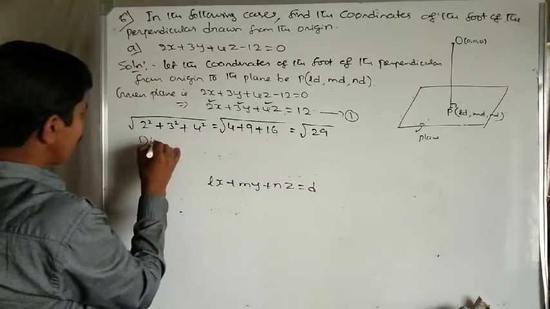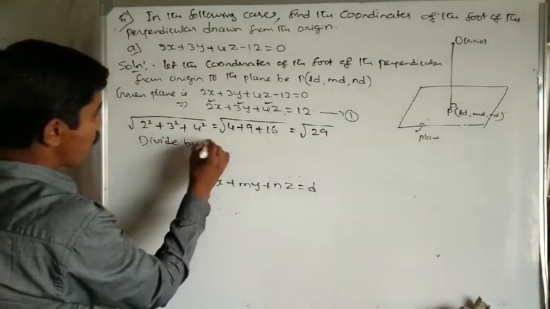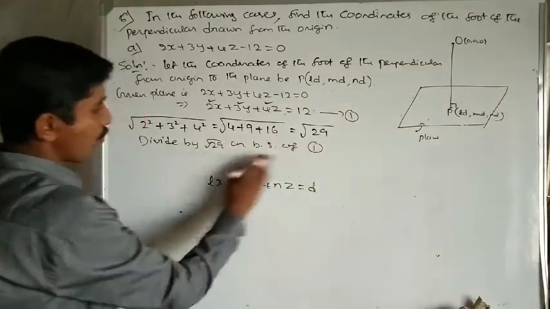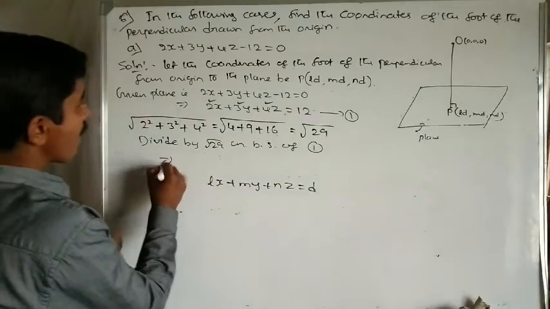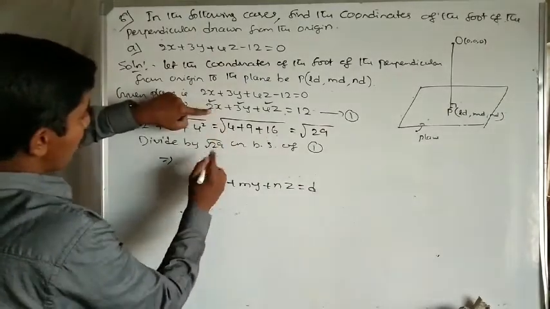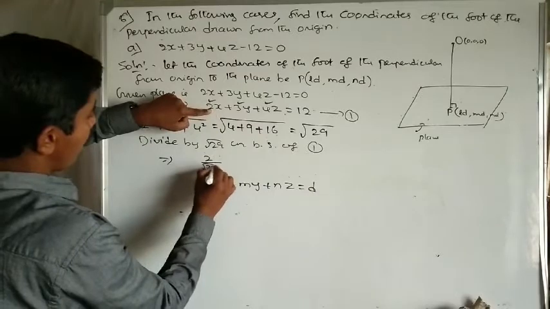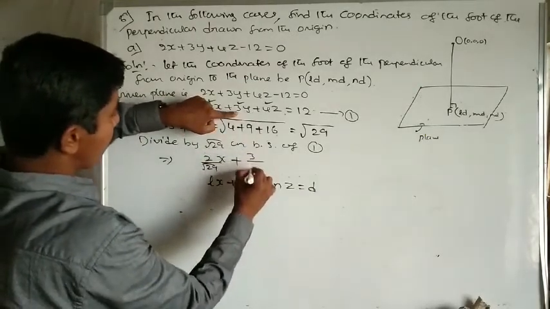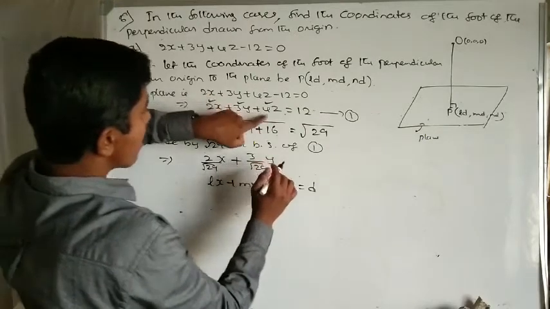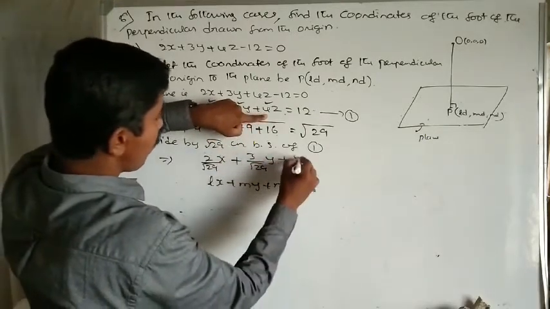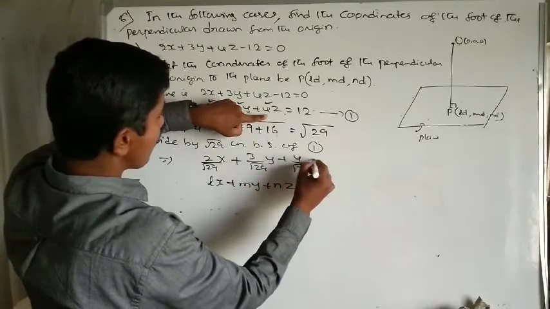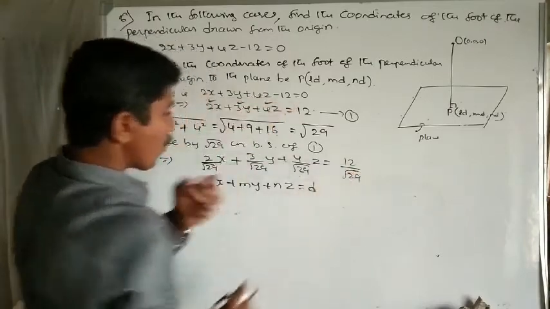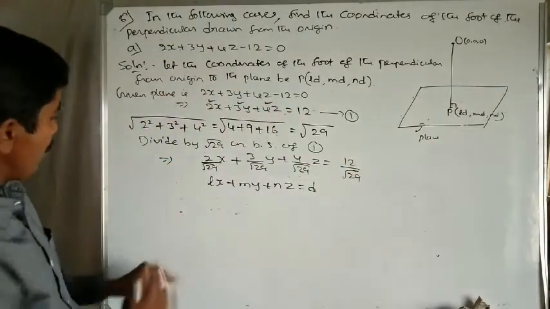Divide both sides of equation 1 by root 29. Here, 2 by root 29 x, plus 3 by root 29 y, plus 4 by root 29 z is equal to 12 by root 29.